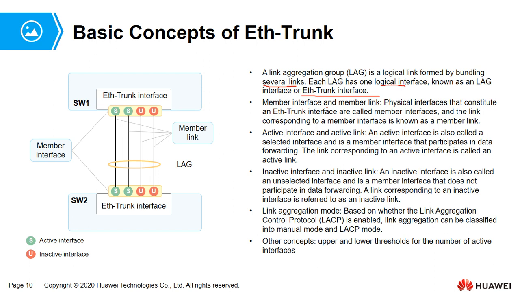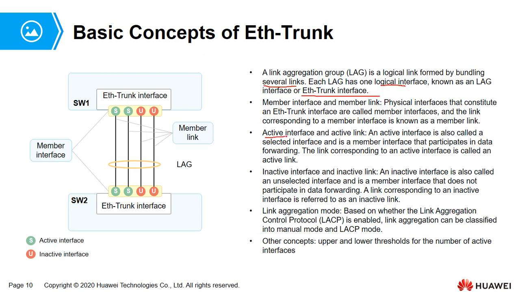Member interfaces and member links. Physical interfaces that constitute an Eth-trunk interface are called member interfaces, and the link corresponding to a member interface is known as a member link.